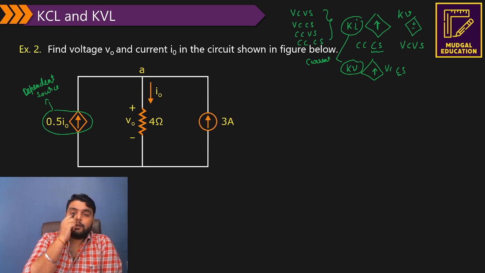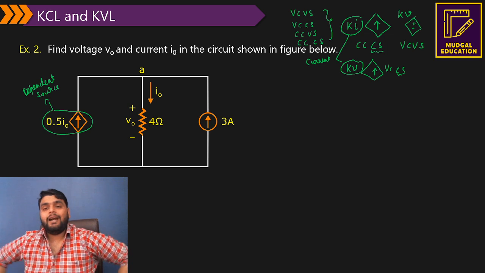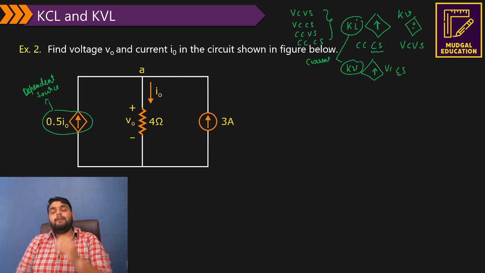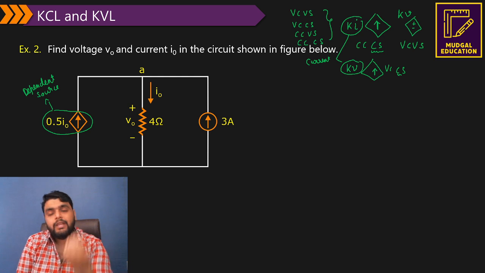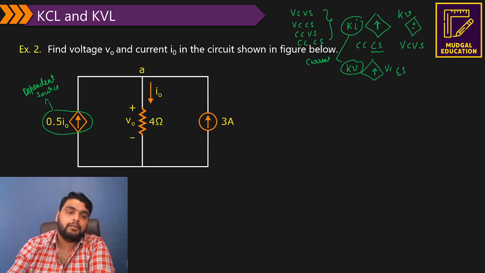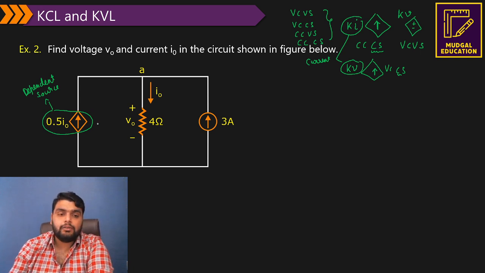You don't need to look at the dependency to identify whether it gives a current or a voltage. For that, look inside the diamond shape. If you have an arrow sign, you have a current source. For example, in this question, we have a current source and it is a current control current source.